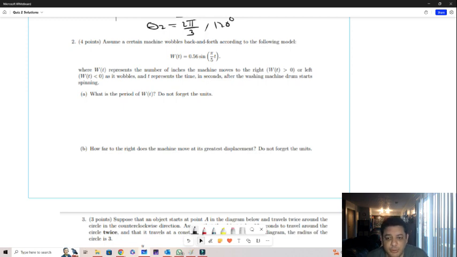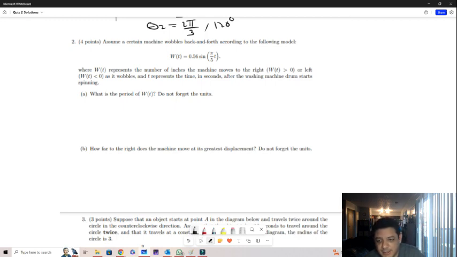So when we're talking about the period, remember, we look for what this wave speed is, and the period is given by 2 pi over b, if we're considering this a sine of bt.